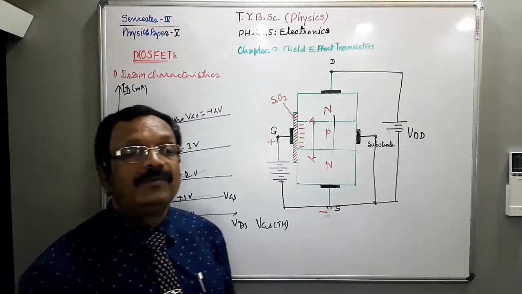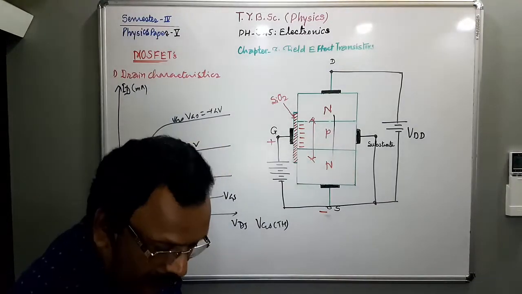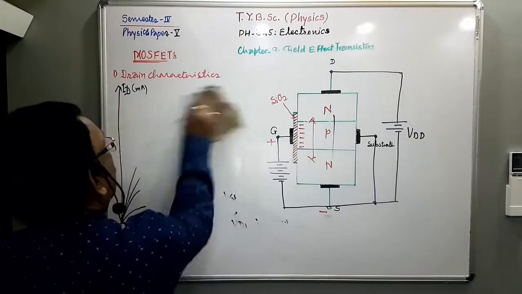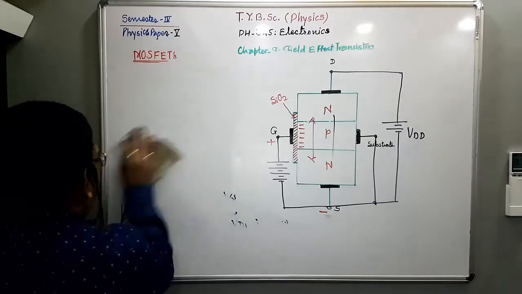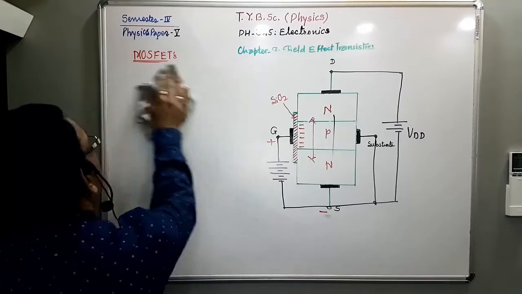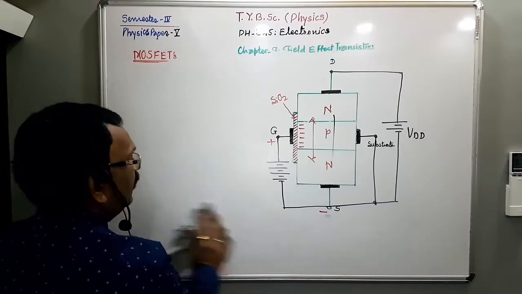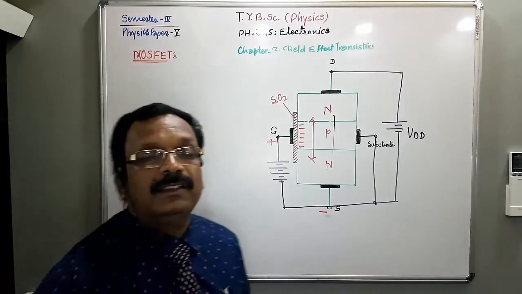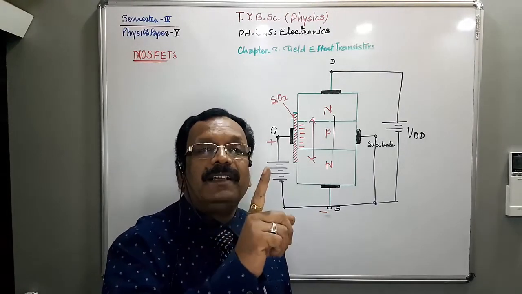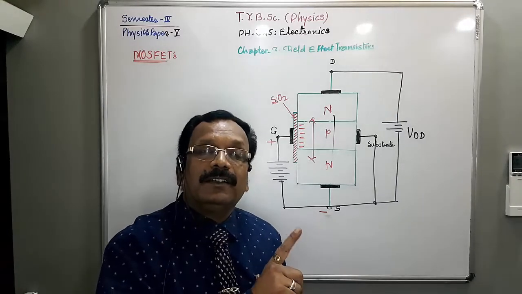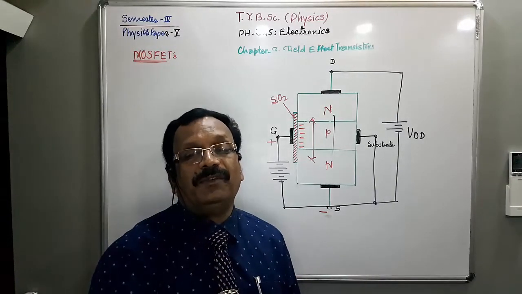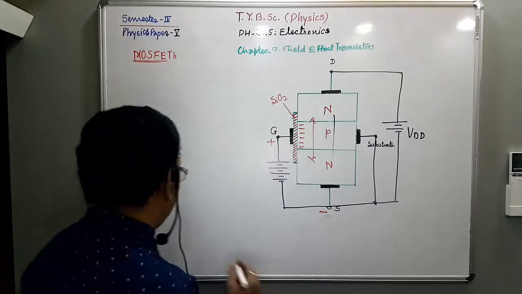Now we are going to see the transfer characteristics, the second one. Transfer characteristics are simply the relation between ID current and VGS at different constant values of VDS.